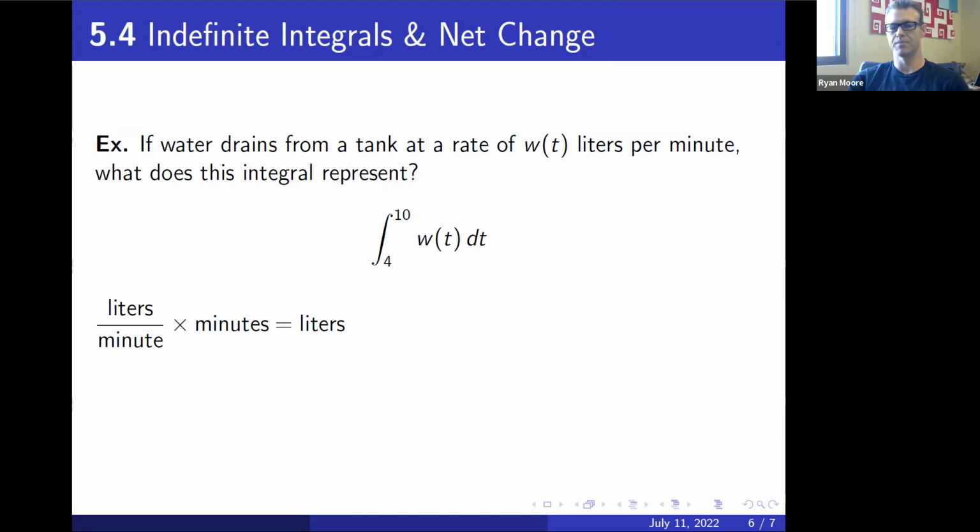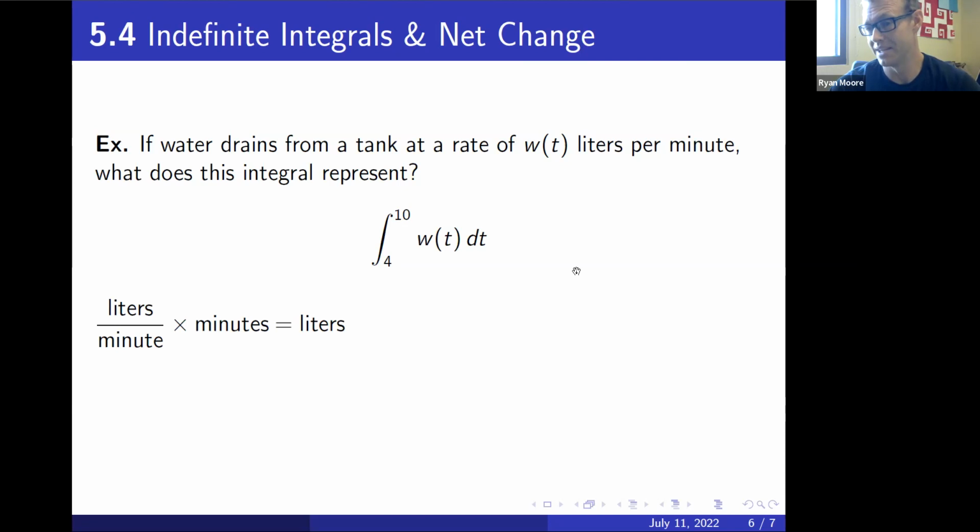It's like the number of liters that have drained out, but we can be a little bit more specific than that. What do the 4 and the 10 represent? Okay, the 4 and the 10 take on the same units as the t. Those are t values. They're like numbers along the t-axis here. So the 4 is 4 minutes.